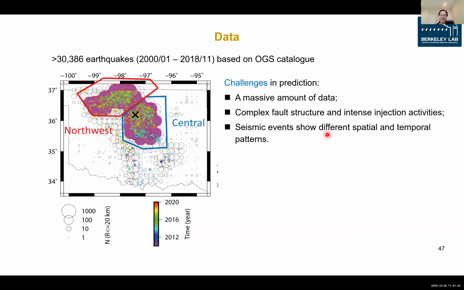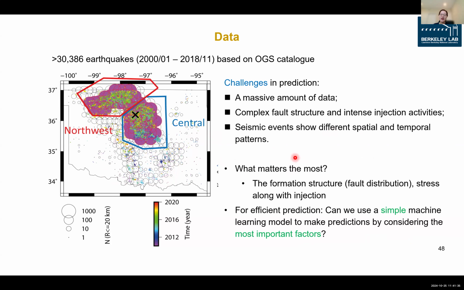The challenges are a lot of data, complex fault structure, and intensive injection activities. Also the seismic events show very different spatial and temporal patterns. To tackle these challenges, it's important to ask what's the most important. We know that injection as an input, its triggering effect, is important. In addition, the formation structure, including the fault distribution, is important, and also the stress changes induced by injection.